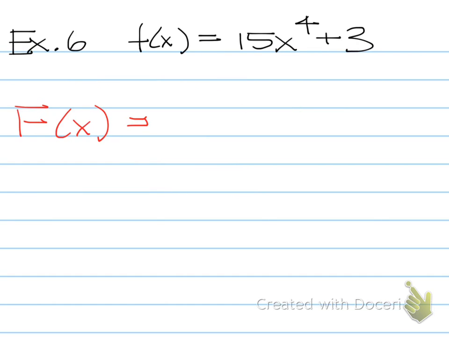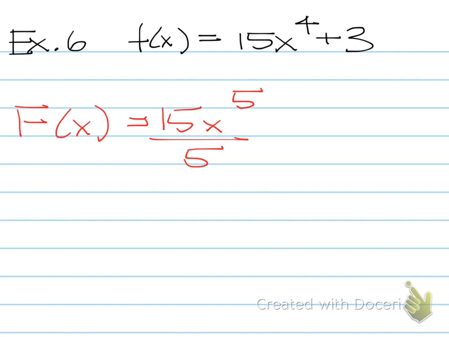The antiderivative of this function, again, we're going to increase the exponent by 1, so that will give us x to the 5th power, and then divide that term by the new exponent. So 15x to the 5th over 5 plus 3. Right now we have 3x to the 0 power.